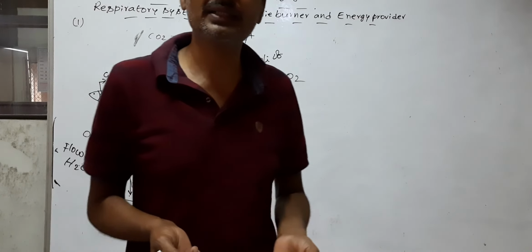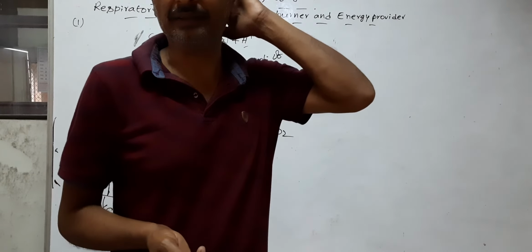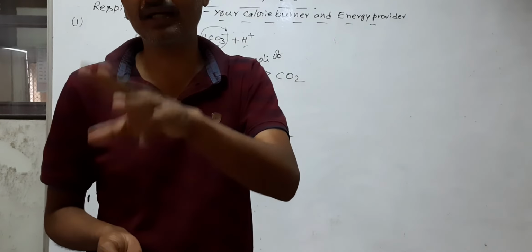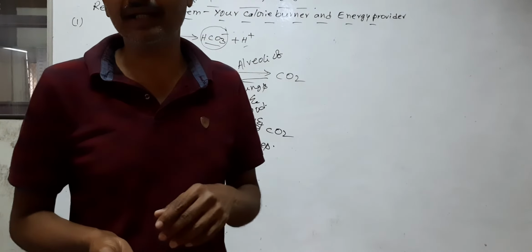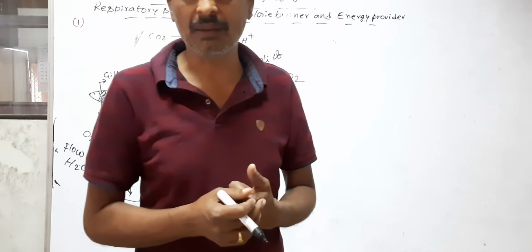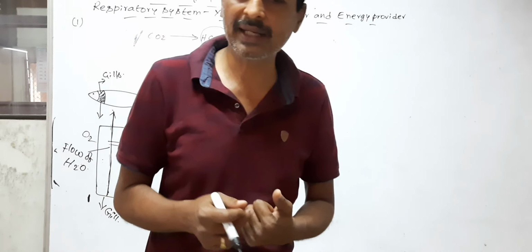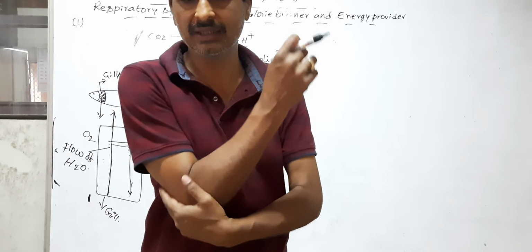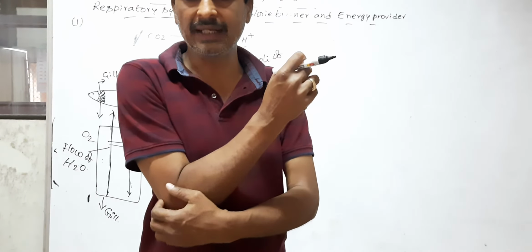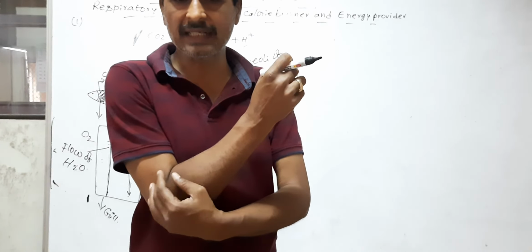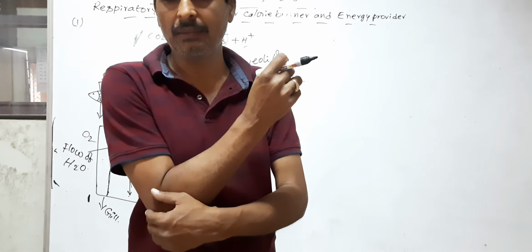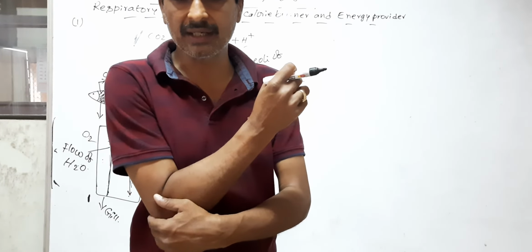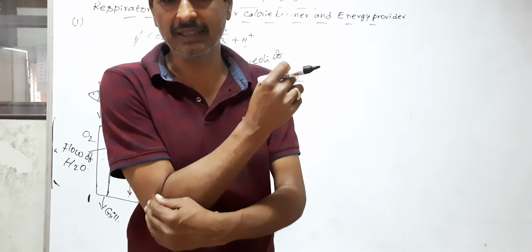Medulla oblongata is a part of brain. Brain divides into three parts: forebrain, midbrain, and hindbrain. Hindbrain contains medulla oblongata. So the medulla oblongata regulates the inhalation and exhalation of the respiration. There is a pneumotaxic center in the pons and it controls the rate and depth of breathing.